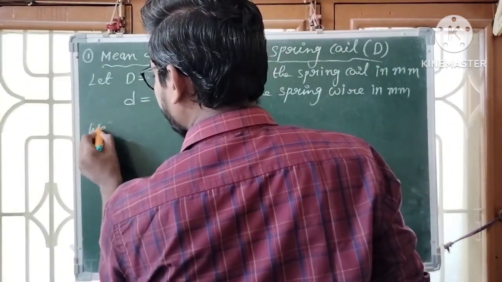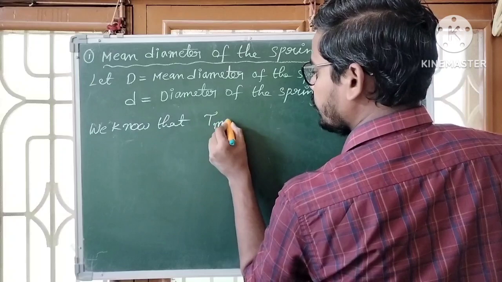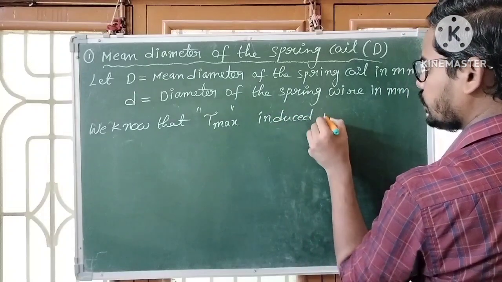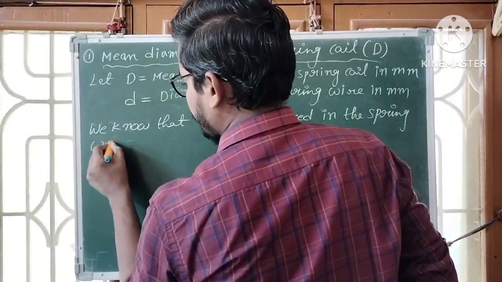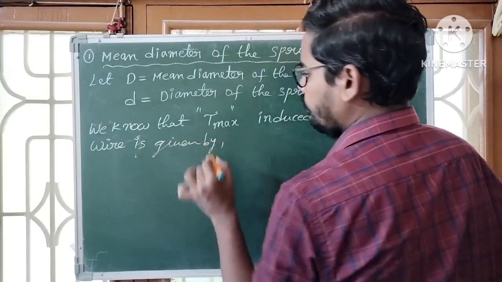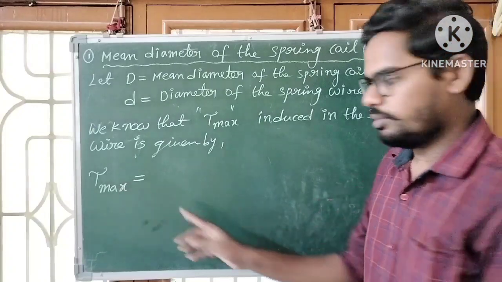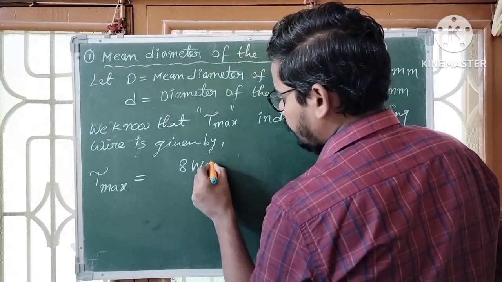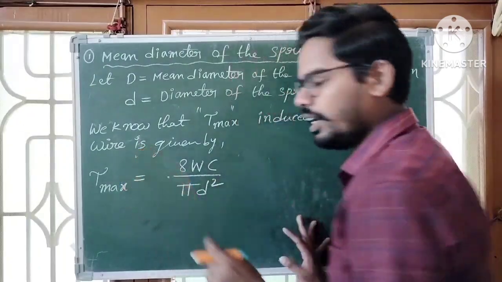We know that the maximum shear stress, or permissible shear stress, is equal to 8WC by pi d square, multiplied by one constant.